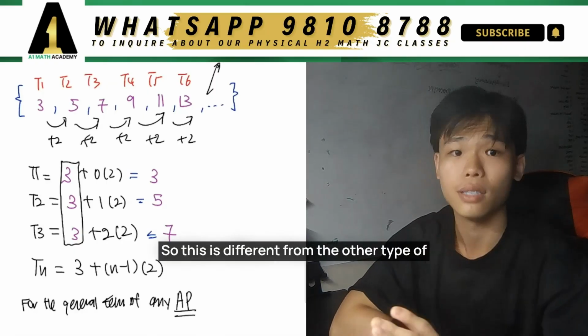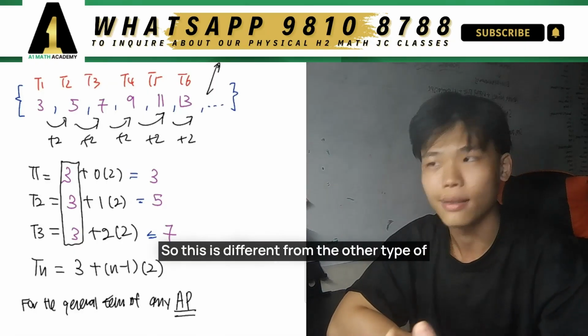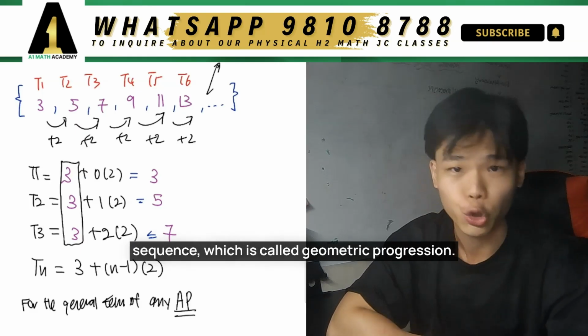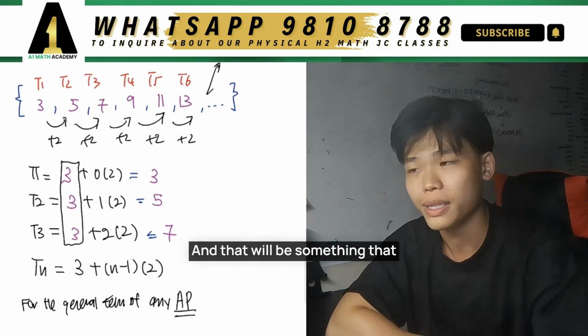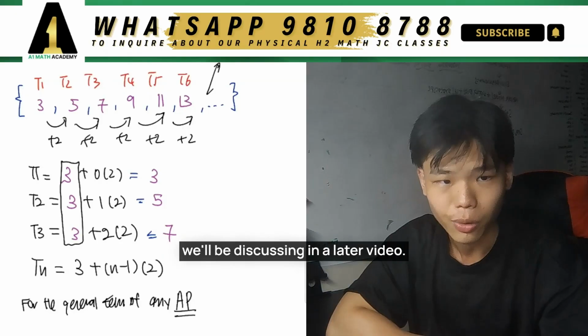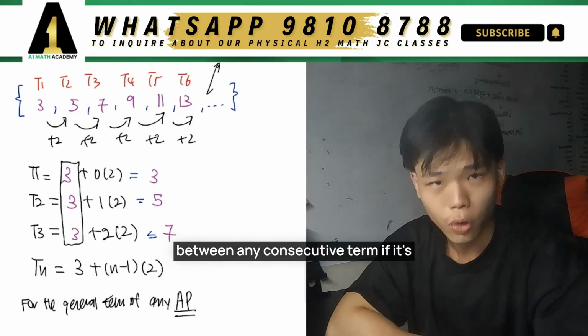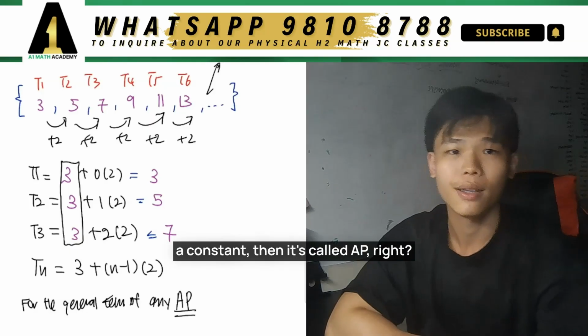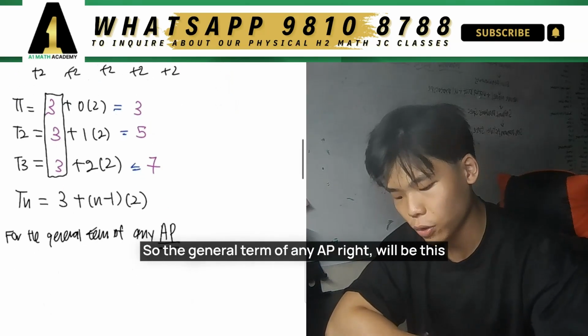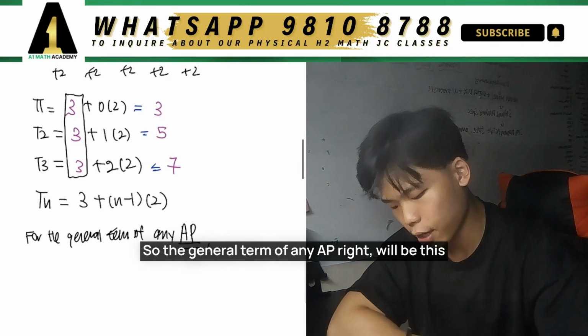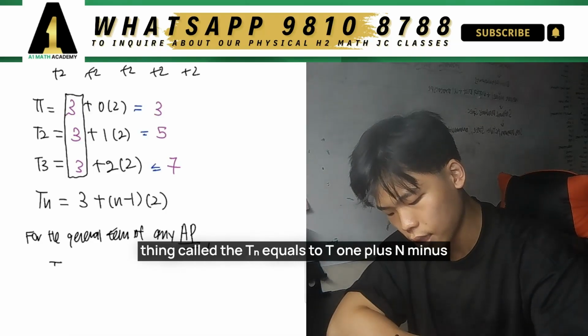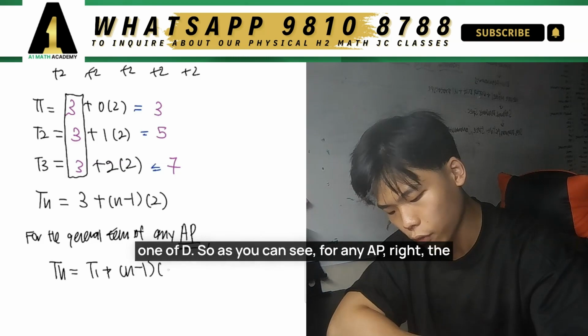This is different from the other type of sequence, called a geometric progression, which we'll be discussing in a later video. But just note that for now, if the difference between any consecutive terms is a constant, then it's called an AP. So the general term of any AP will be Tn equals T1 plus (n minus 1) d.